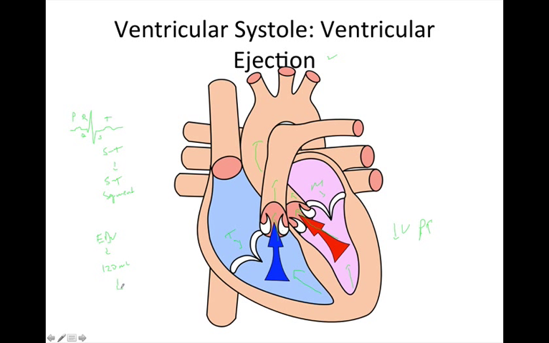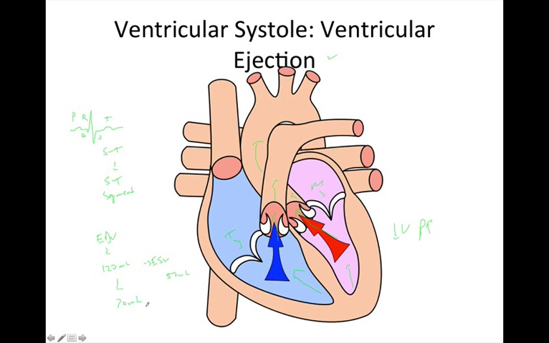In a resting heart, by the time they are done pumping blood out of themselves, they would pump out about 70 milliliters. Then when they're done pumping blood out, there's what's called the end systolic volume, the end of systole. So what's 120 minus 70? The ventricles are each going to have about 50 mils of blood left over within them.